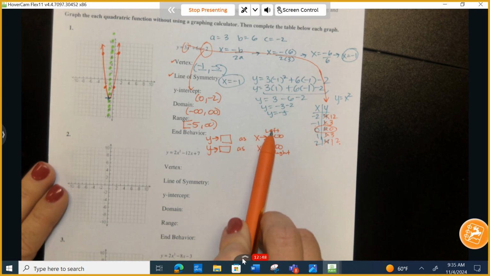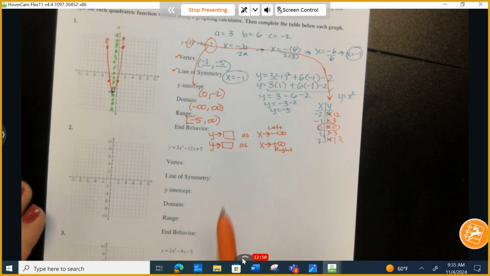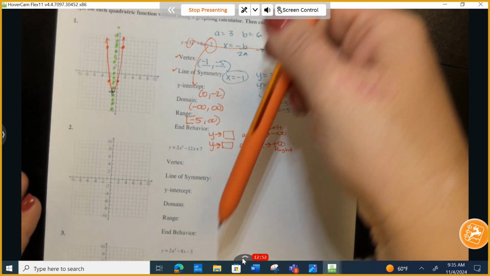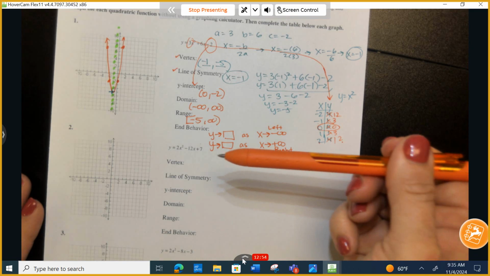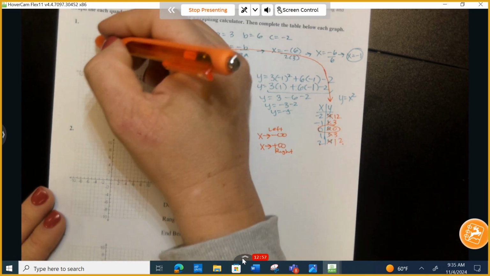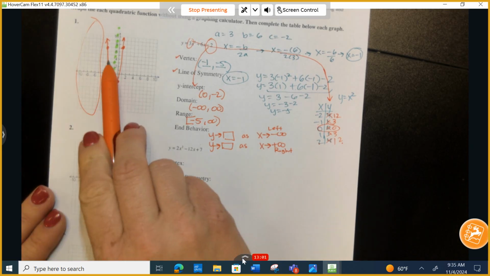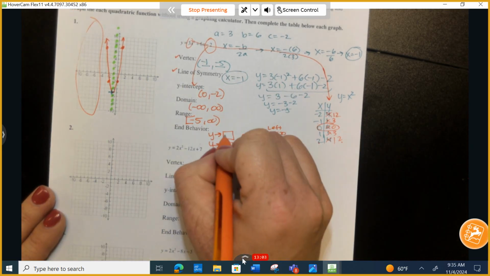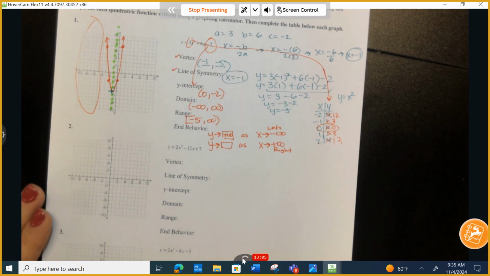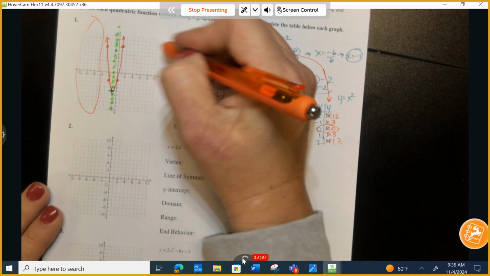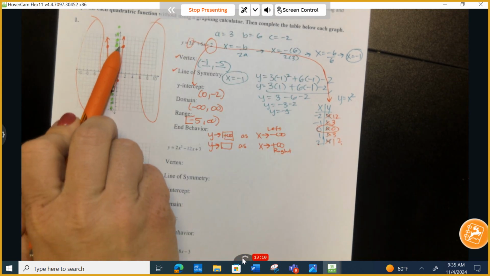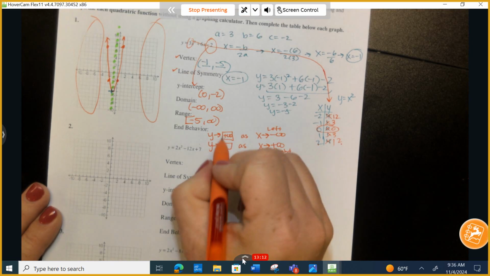So as I go to the far left, one of three things is happening. The graph is headed up, the graph is headed down, or it is staying constant at some value. So let's look. As I go way over here to the far left on the x's, what's happening? It is headed up. How do I represent that? Positive infinity. Now as I go to the very far right on the x's, when this eventually goes into that, it would also be headed up.